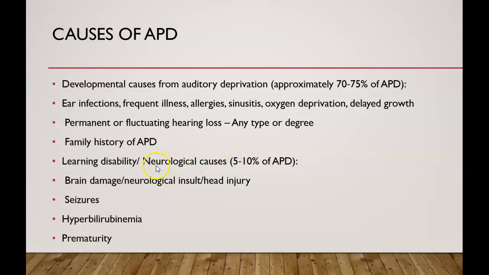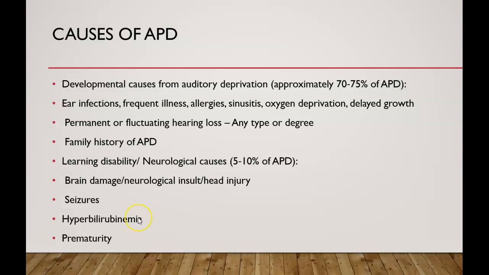So if there are some neurological syndromes, 5 to 10% of people with auditory processing disorder result from a learning disability or any other neurological cause, except for brain damage. That's a result of a neurological insult, such as a stroke or a head injury. People who have seizures are more likely to have auditory processing disorder.